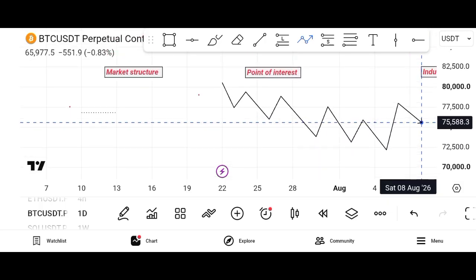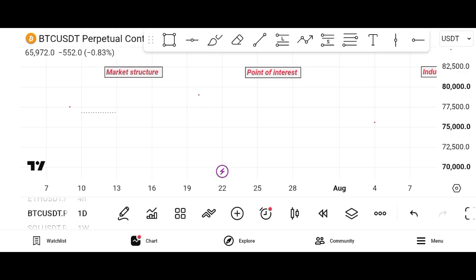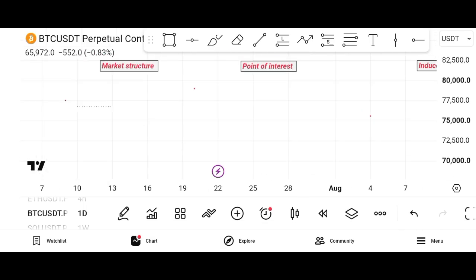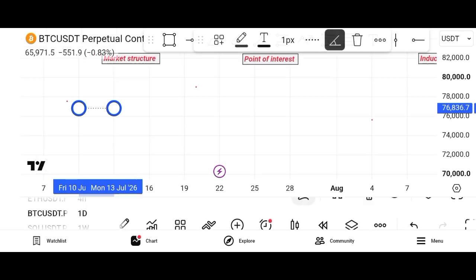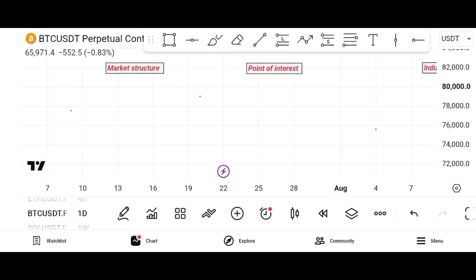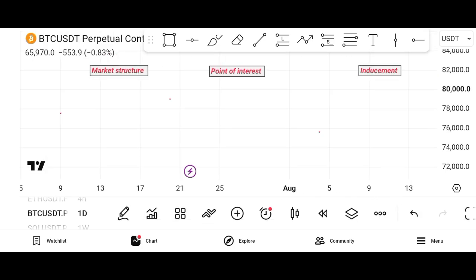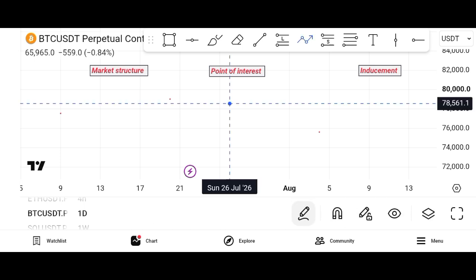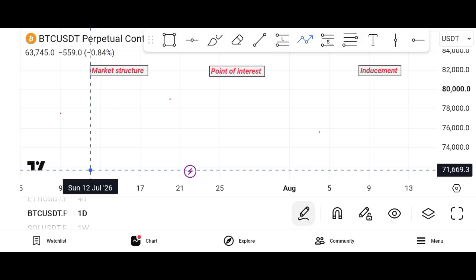So let me give you what we look out for when it comes to market structure. We look out for two things here in market structure. We look out for either the continuation of a wave, or we look out for the market changing in momentum. I'm going to give you an illustration.